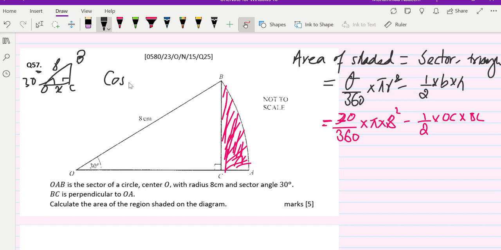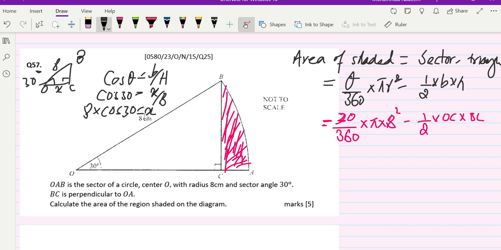So you will use cos theta is equals to base over hypotenuse. So theta is 30, so cos 30 will be, base is x and hypotenuse is 8. So 8 times cos 30 is equals to x. This will give us the unknown length of this triangle.